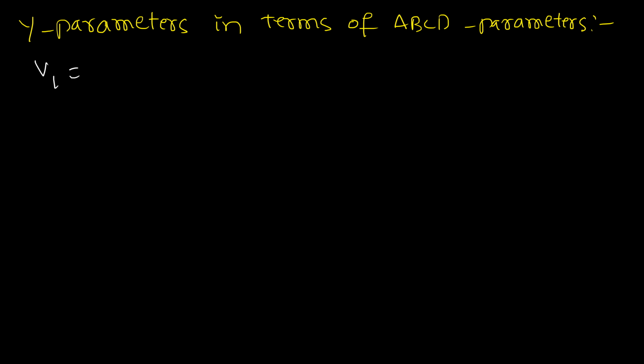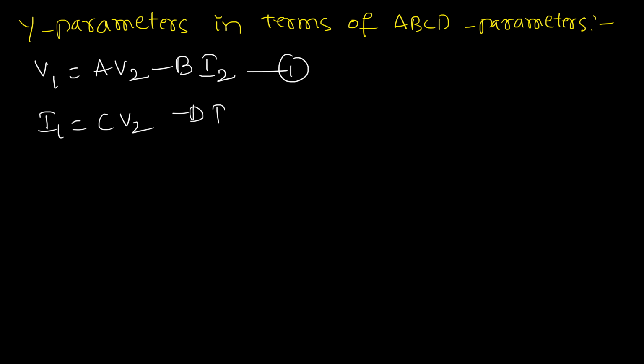V1 equal to AV2 minus BI2, call it equation 1. From this relation we may write the relation for I2 also. Or else we write the equation for I1 also. So I1 is CV2 minus DI2, call it equation 2.